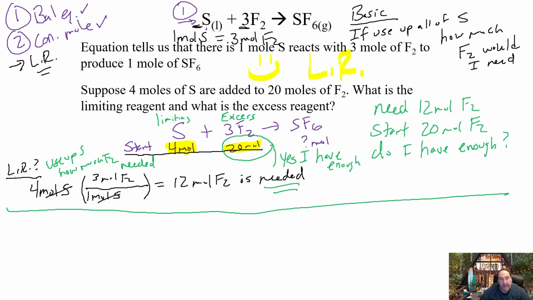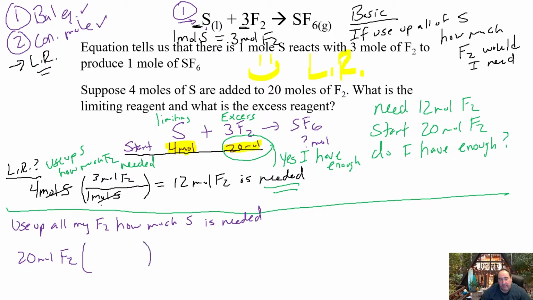And we could have said, hey, if I want to use up all of my fluorine, how much sulfur is needed? So we could have picked either reactant here. And let's just say we did the opposite calculation. So I'm going to start with my 20 moles of fluorine.